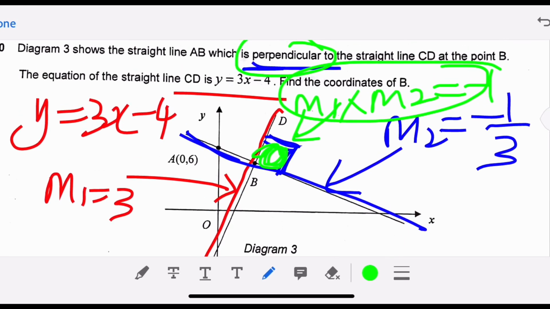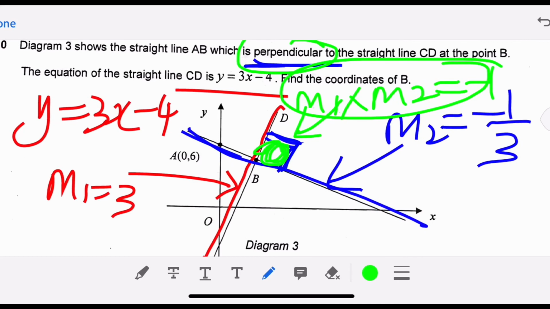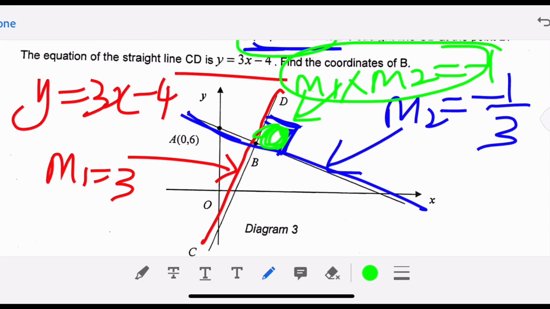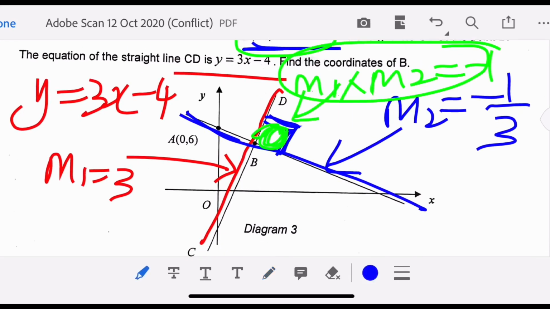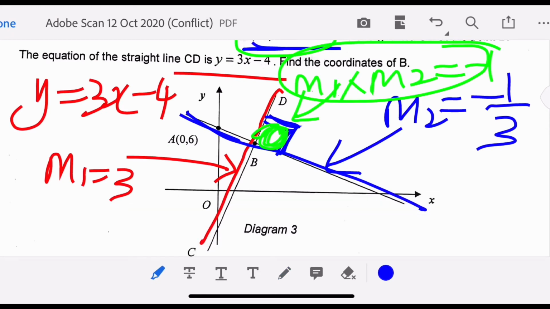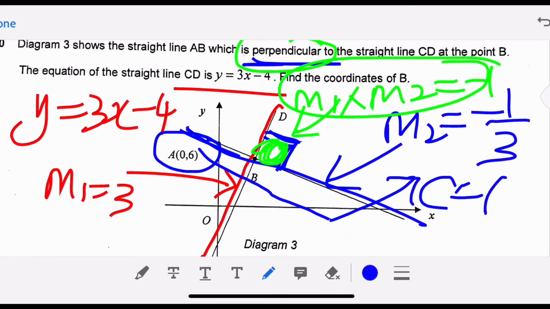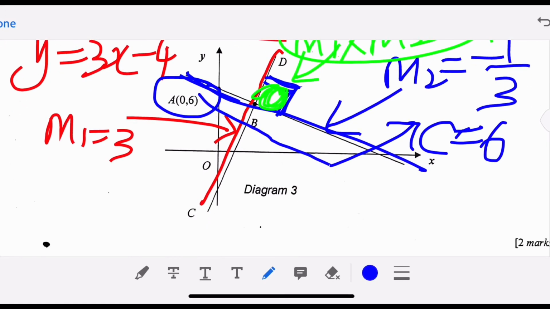Now, I'm going to form the equation for the blue line so that I can solve the two equations simultaneously and get the point of intersection. There is a 0, 6. You notice that point A is a y-intercept.